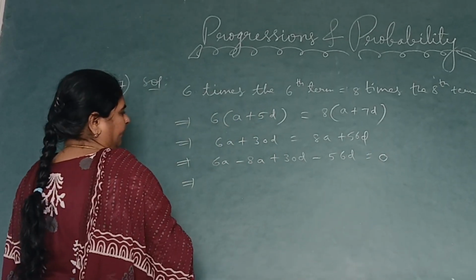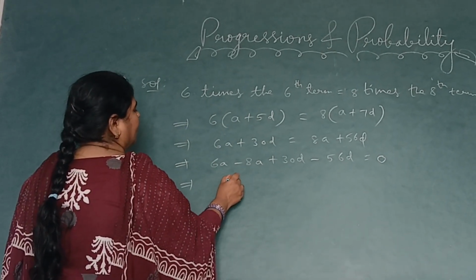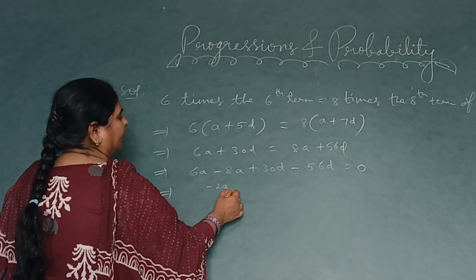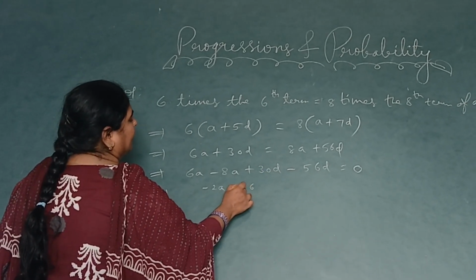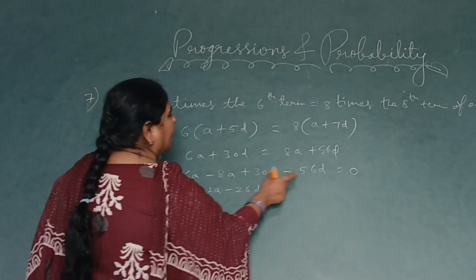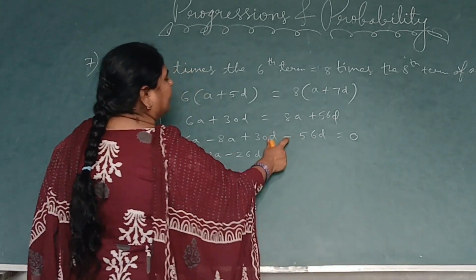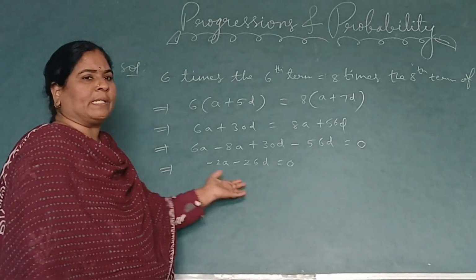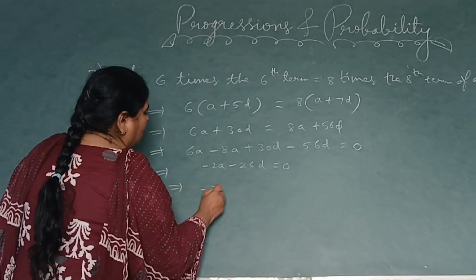So what can you write here? Minus 2a. 56 minus 30 is 26, so minus 26d can I write? Because the greater number's sign is minus. 30 minus 56 is minus 26. Now we will be taking minus 2 common.